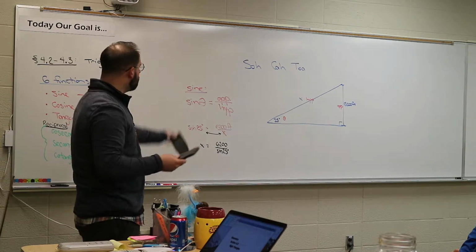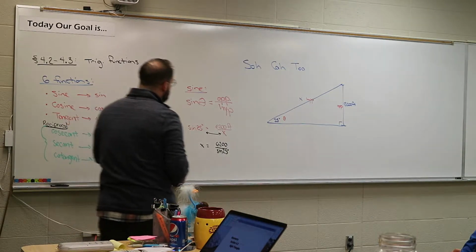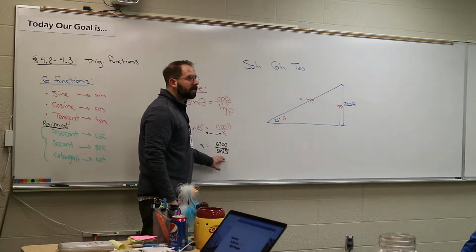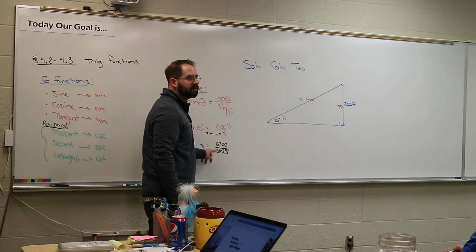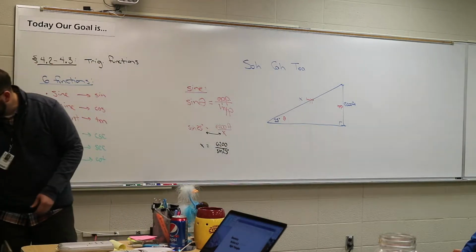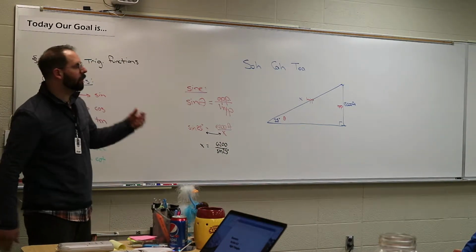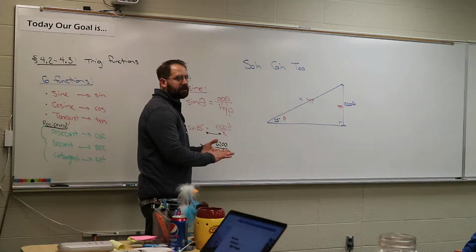You literally can't type that in. You actually have to find the sine of 25 first, write down the decimal, and then take 6,200 divided by that number. Okay? Now, on everybody else's calculator, it's called a menu driven calculator. You can actually just type in exactly how you see it and hit enter.